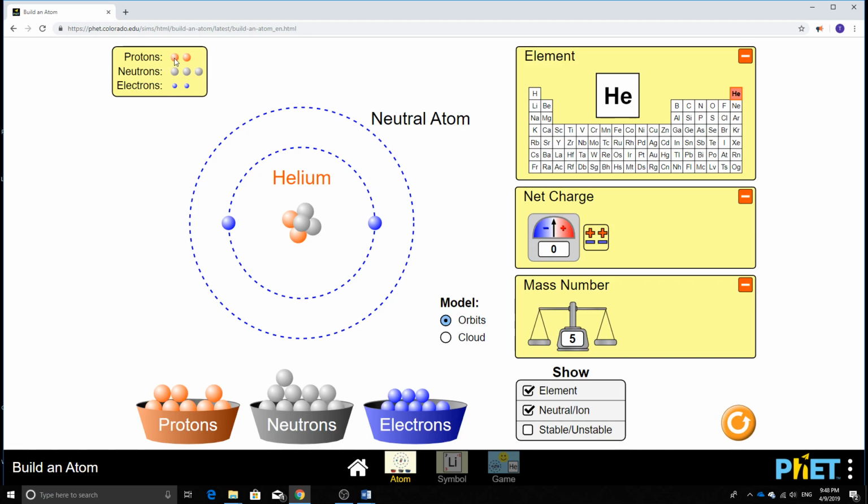I'm going to add the number of protons to the number of neutrons, 2 plus 3, guess what, equals 5. So, proton numbers and neutron numbers combined give you my mass number. Okay, so kind of play around with that until that concept sinks in a little more.